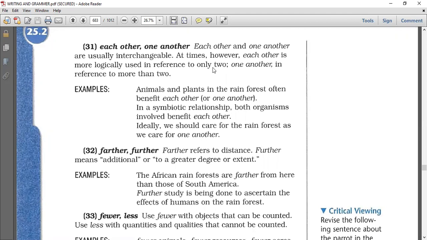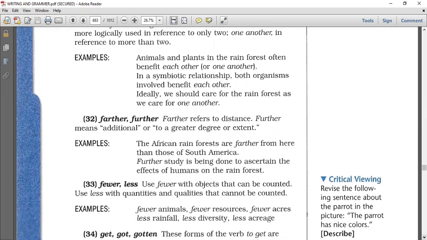But if I talk about a class, 27 students or 28 students, they love each other or one another? No, it's one another. They hate each other or one another? No, one another, as long as I talk about three or more. So again, each other is more logically used in reference to only two. One another in reference to more than two, three or more. I think this is easy.